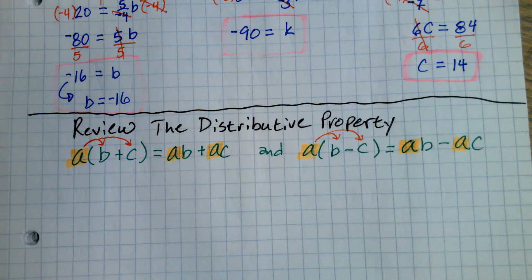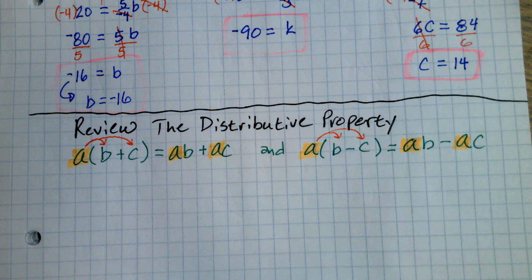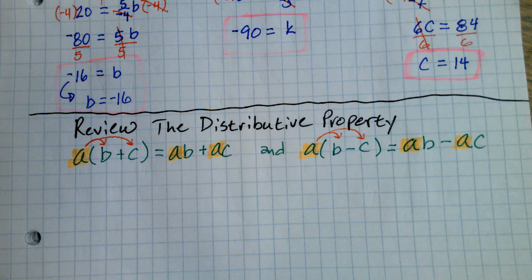This reminds us that whatever is inside, even if it was 3 or 4 or 5 terms being added or subtracted, everything gets multiplied by A. But luckily, we're just going to have 2.